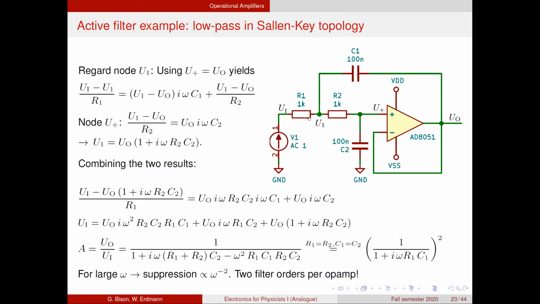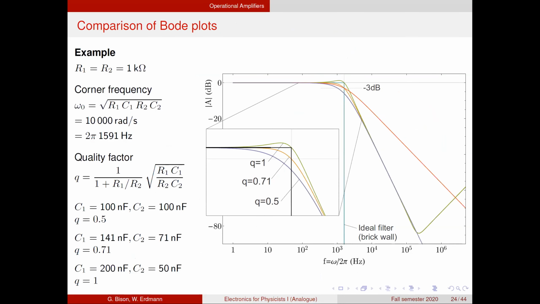And there's actually a part of the signal that flows through this capacitor to the output and is not affected by the op-amp at all. So this one has to be taken into account. If you really require an attenuation at really high frequencies, then a Sallen-Key topology might not be the best, and there are different topologies that are better.